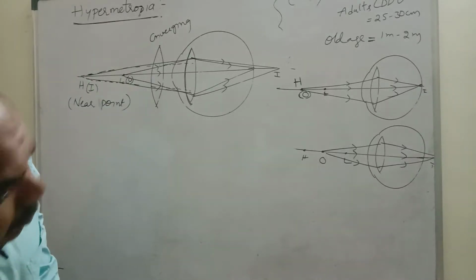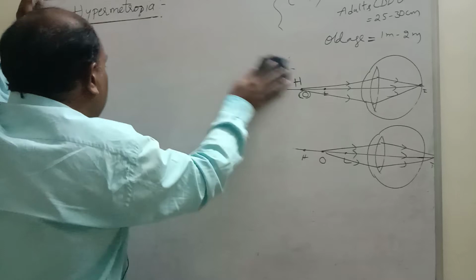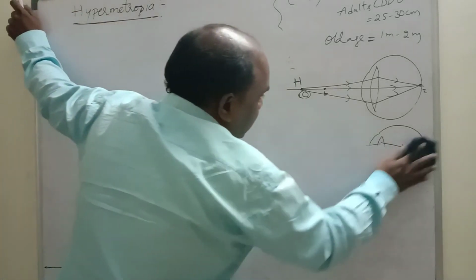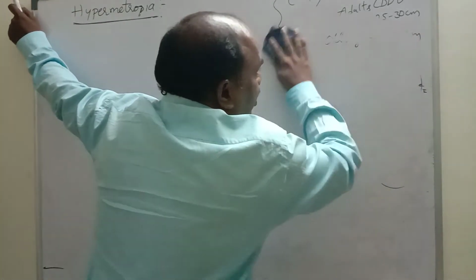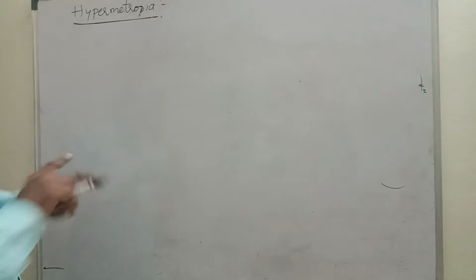Once again, all points we will see in one line. That is the summary of hypermetropia. Tell me, what is the first point of hypermetropia?